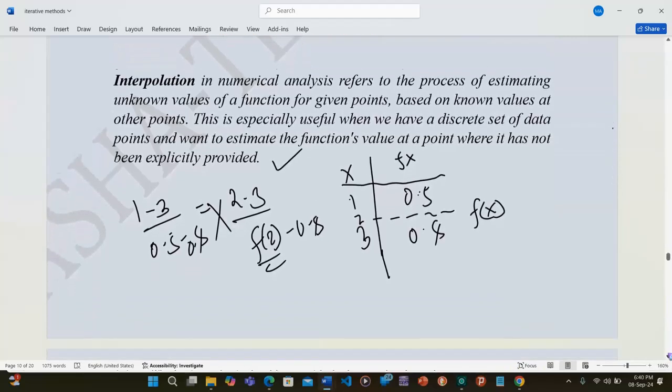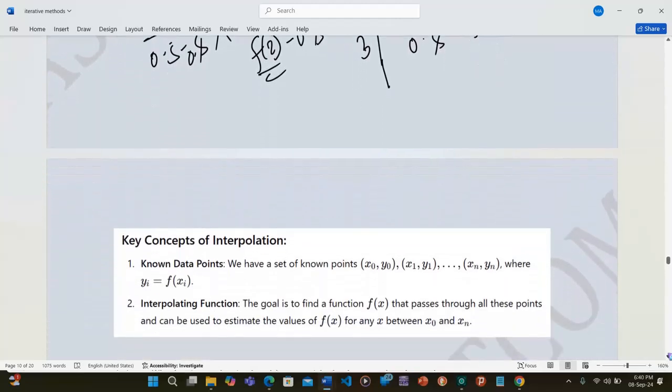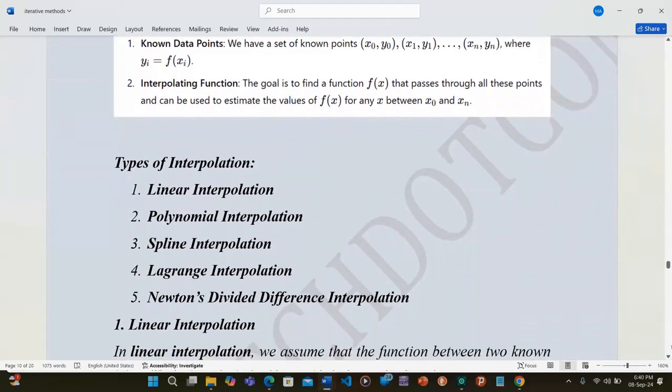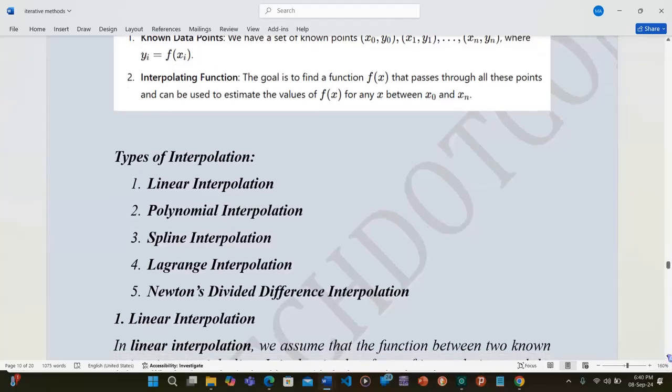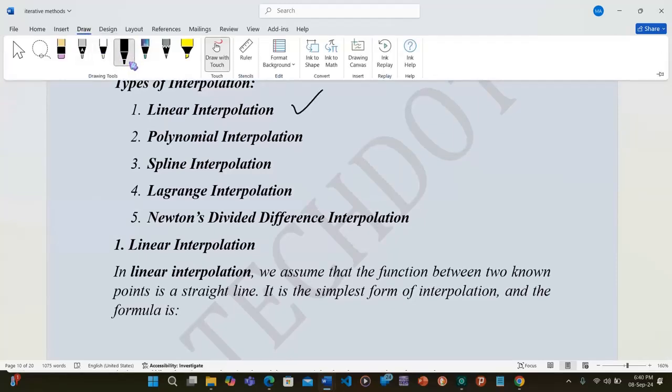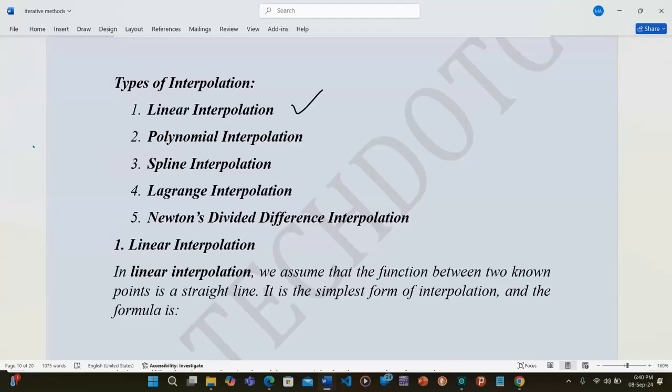So there are a number of methods that we use, and one of them is linear interpolation, which we have just demonstrated up there. Then we have the polynomial interpolation, spline interpolation, Lagrange interpolation, Newton's divided differences interpolation.